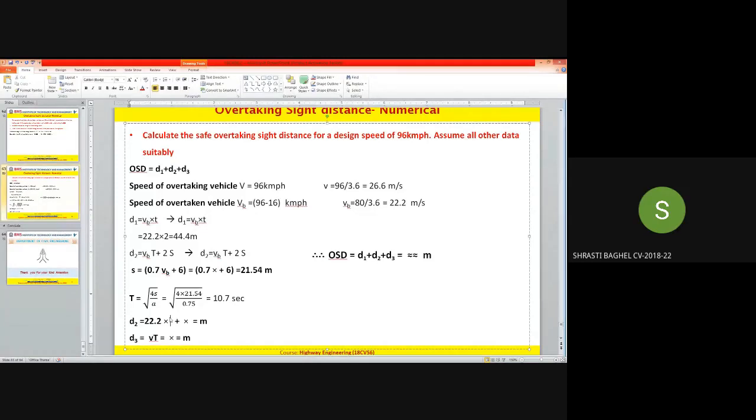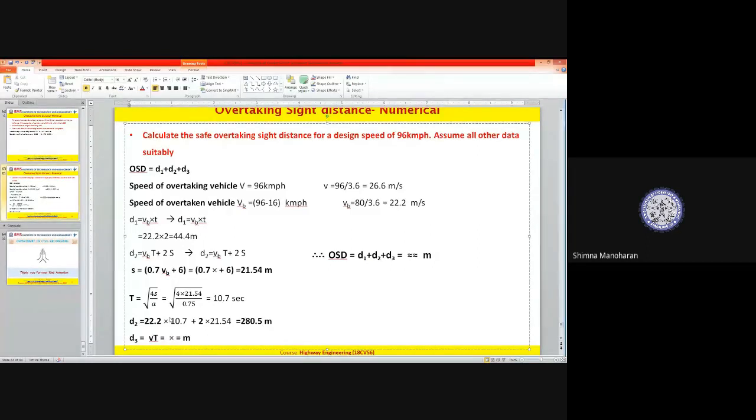What's the value you're getting here, Shrishti? 280.5. Okay. So now we have to compute D3.